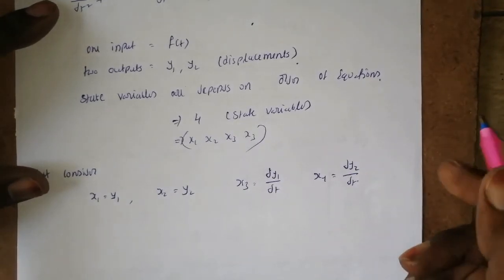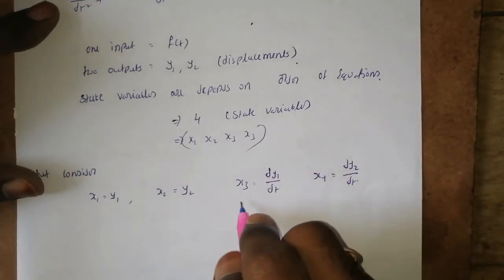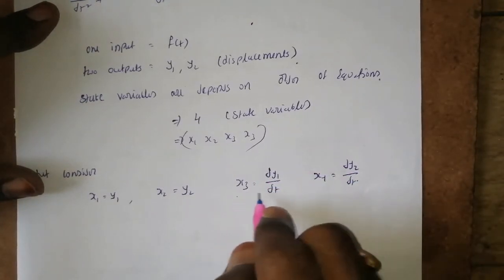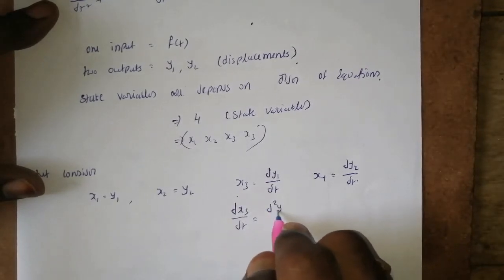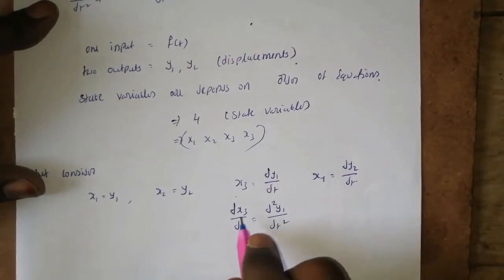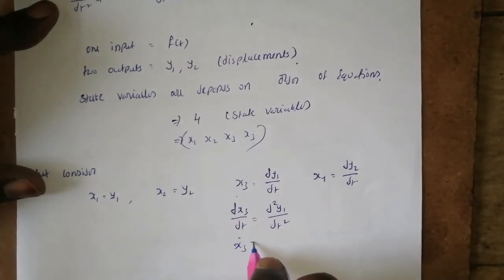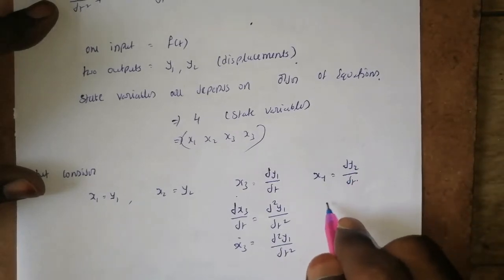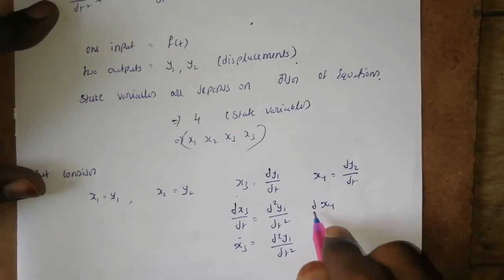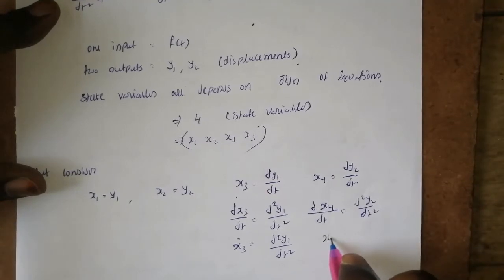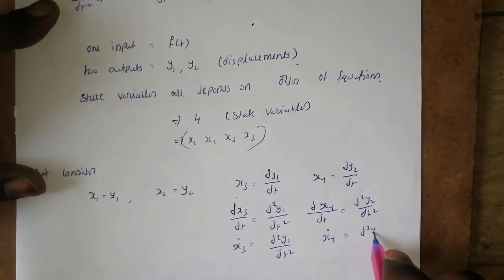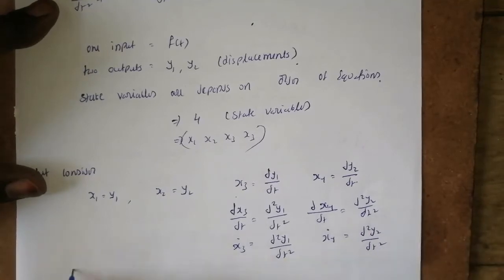If we differentiate, dx3 by dt gives d square y1 by dt square, so x3 dot equals d square y1 by dt square. Similarly dx4 by dt equals d square y2 by dt square, so x4 dot equals d square y2 by dt square. The input function f of t can be written as u.